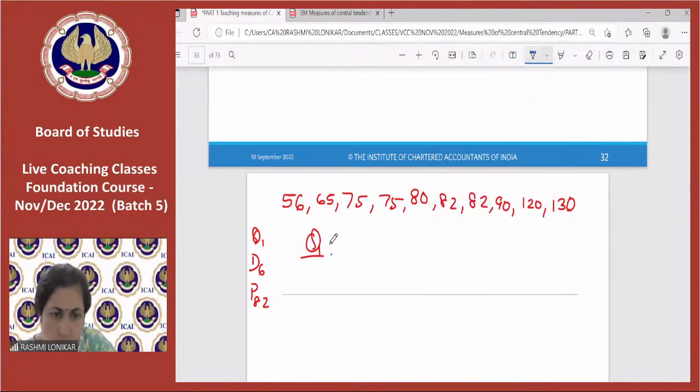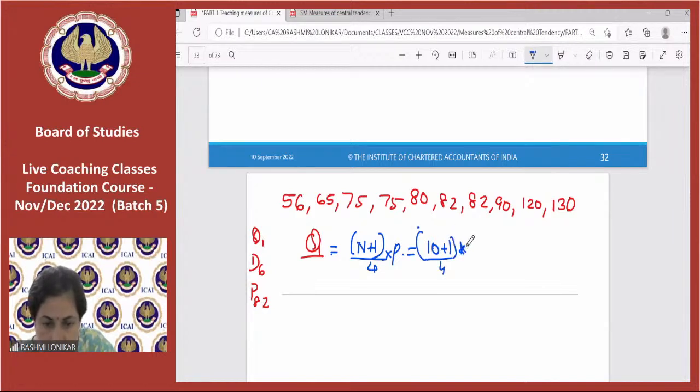I have to find (n plus 1) upon 4 into p. For Q1, p is 1. So I have to find n plus 1. How many numbers are there? 1, 2, 3, 4, 5, 6, 7, 8, 9, 10. So 10 plus 1 upon 4 into 1. So this is 11 upon 4.